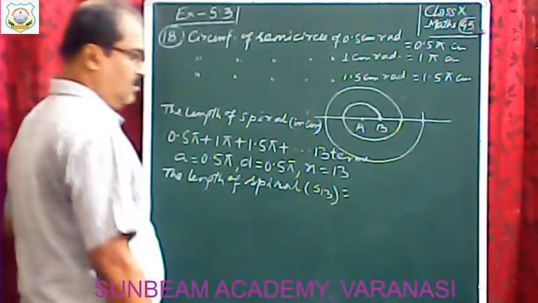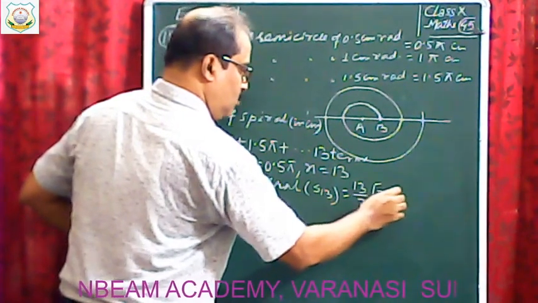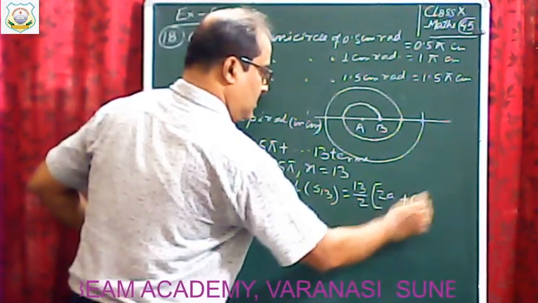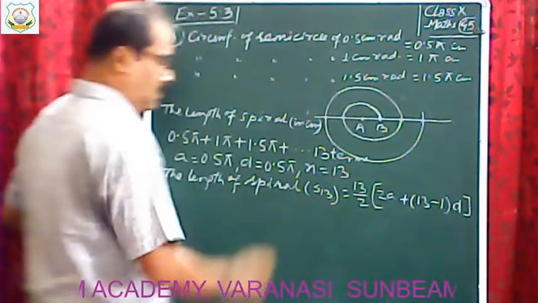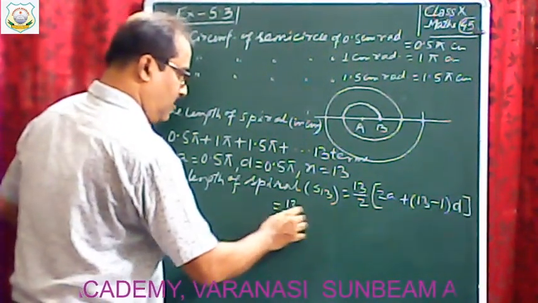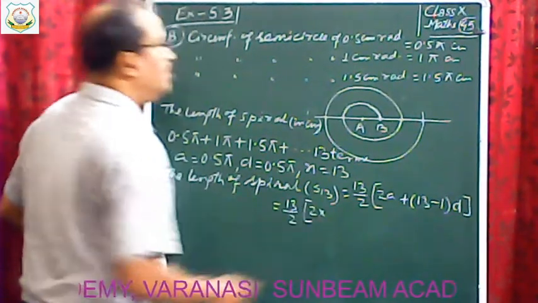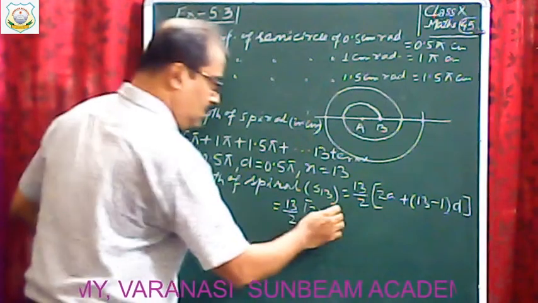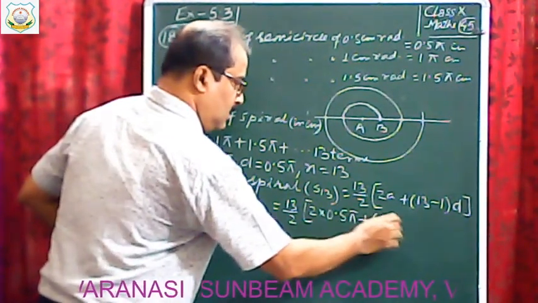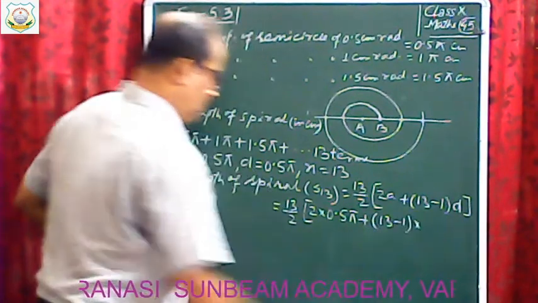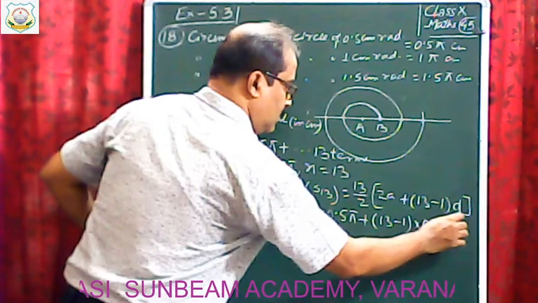S13 equal to 13 by 2 within bracket 2A plus 13 minus 1 into D. We get 13 upon 2, 2 into first term 0.5 pi, plus 13 minus 1 into D, also 0.5 pi.